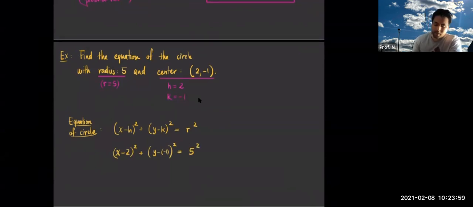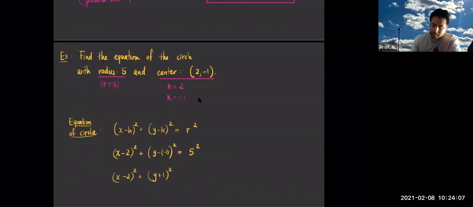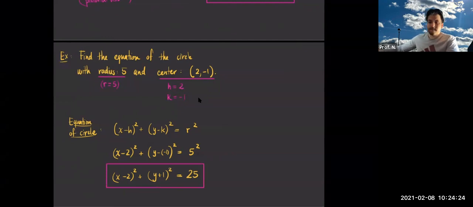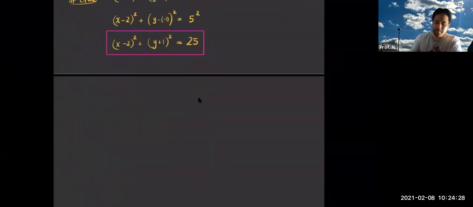But y minus negative 1 is y plus 1 squared. This is x minus 2 squared. And this is 25. Make sense? Yes. Okay.